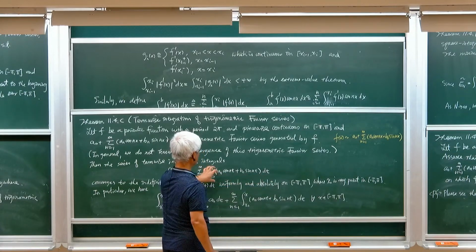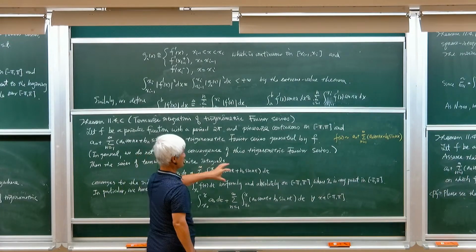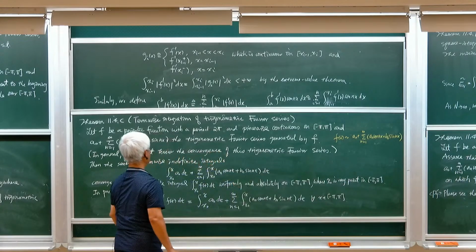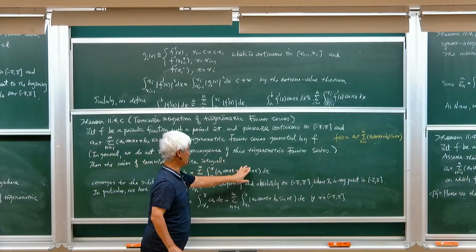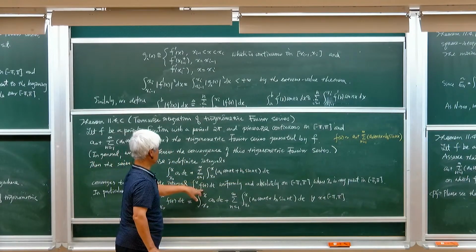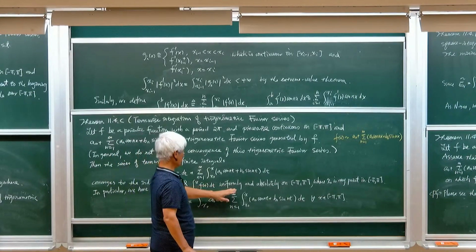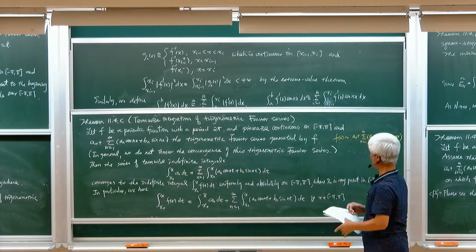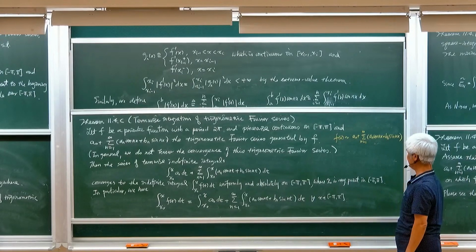Okay, so you do the indefinite integral termwise and form a new series. The conclusion of the theorem is that this new series converges to the indefinite integral of the periodic function f, uniformly and absolutely on the whole period.